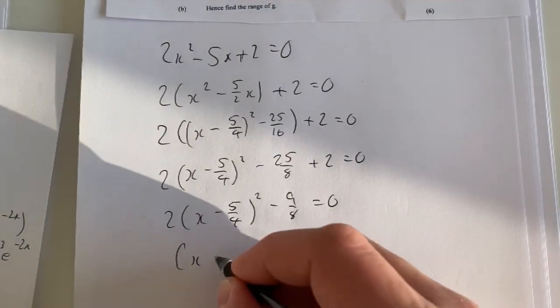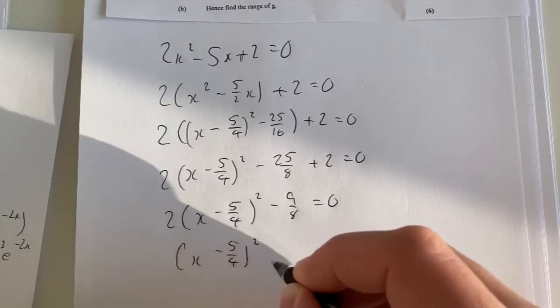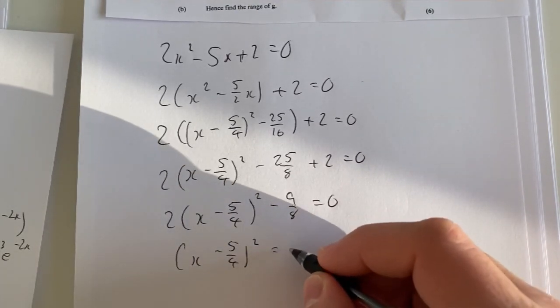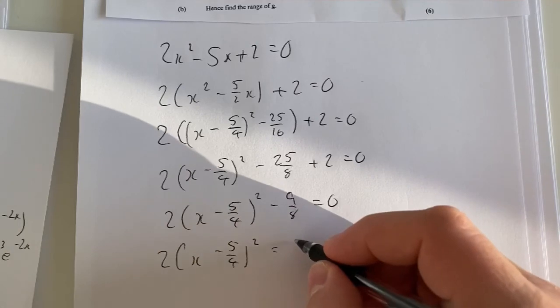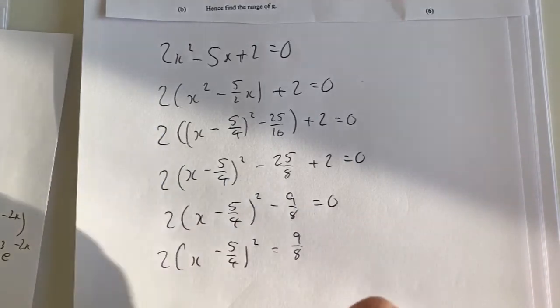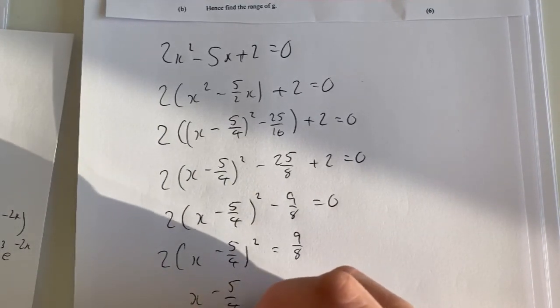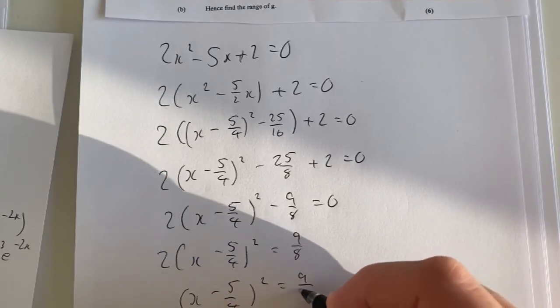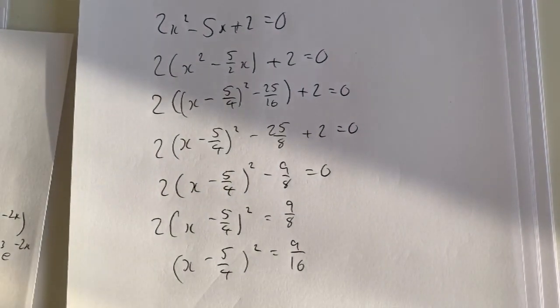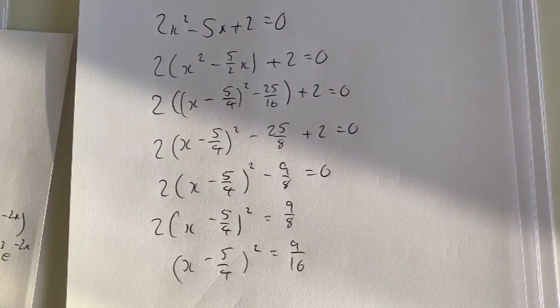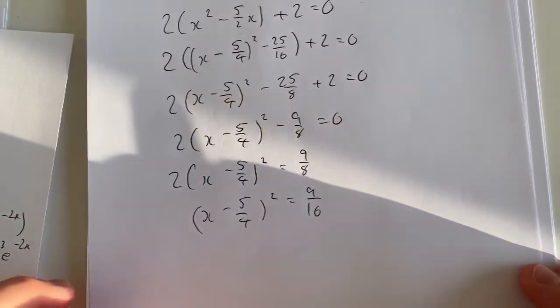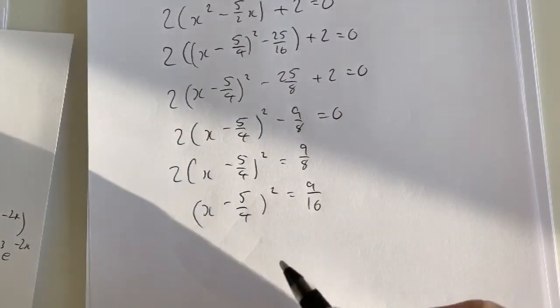So 2 lots of x minus 5 over 4 squared equals 9/8. That equals 9/16. Now, it looked all the way through that it was going to be horrific numbers, but hopefully you can see that that is a square number.